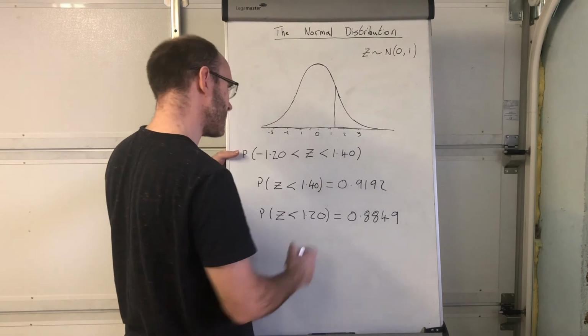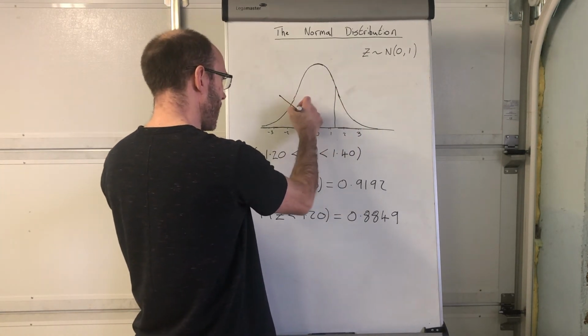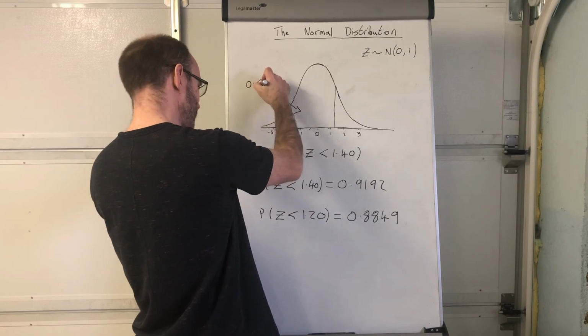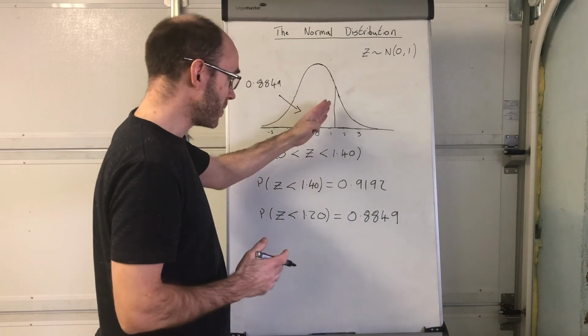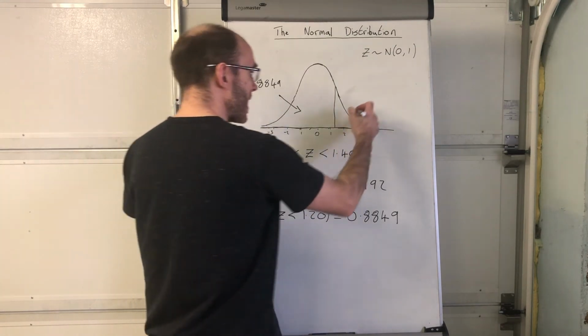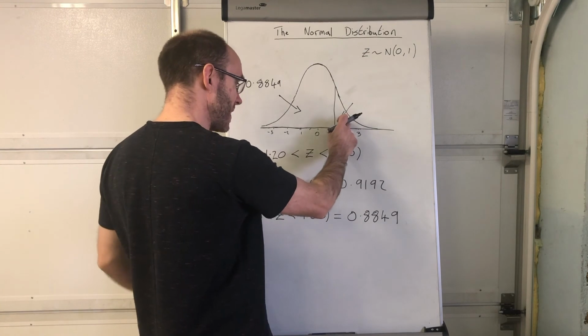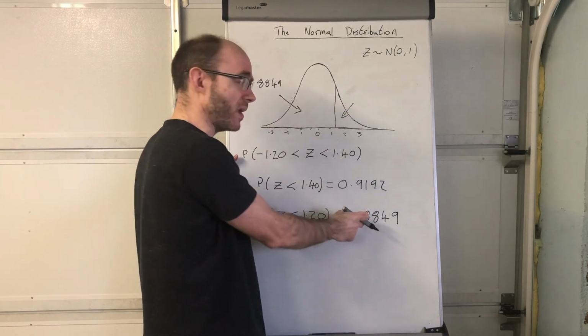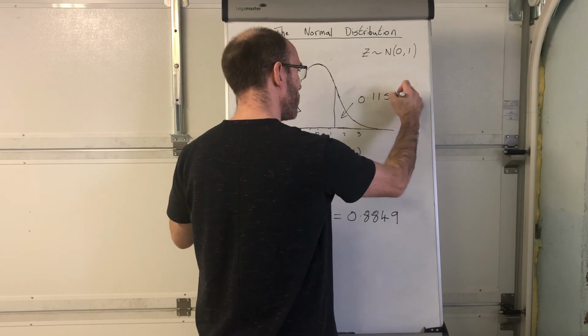I've just written that down here, and what that means, if I draw a representation, is that this probability here, which I'm just going to highlight, is 0.8849, so it's everything up to 1.20. The probability that Z is greater than 1.20, this bit there, will be the difference between that and 1. So that is going to be 0.1151.